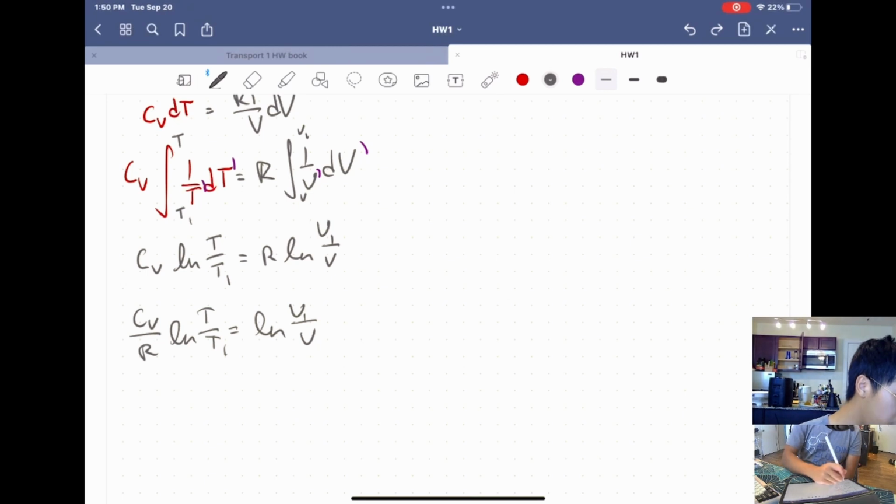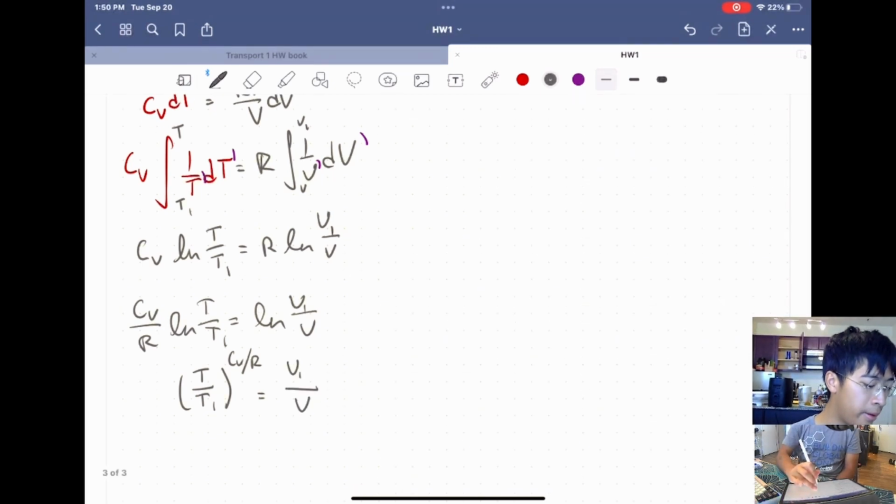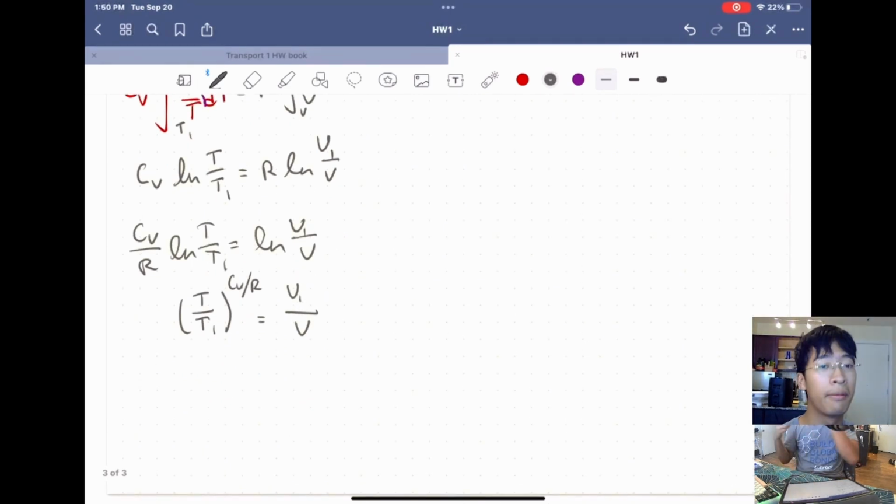So you're left with T over T1 raised to the heat capacity at constant volume divided by the universal gas constant is equal to a known volume V1 divided by an independent variable V, volume. Again, remember this is specific volume, not plain Jane volume. Okay?